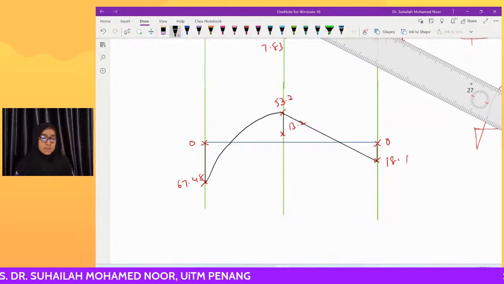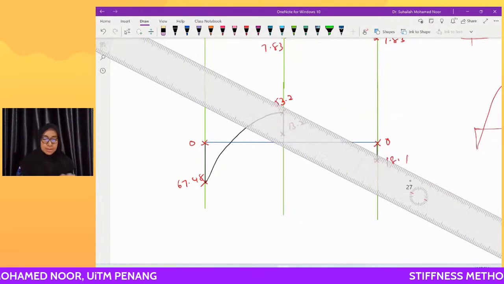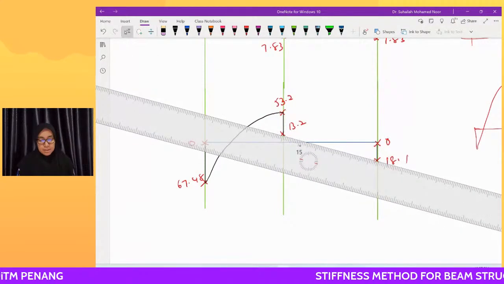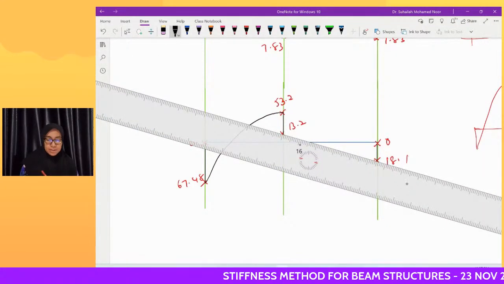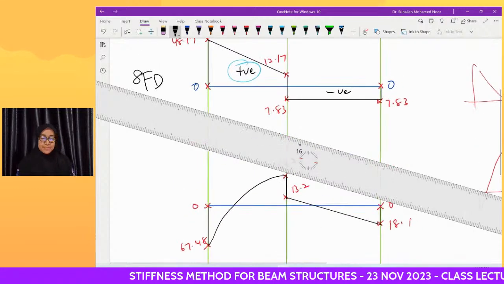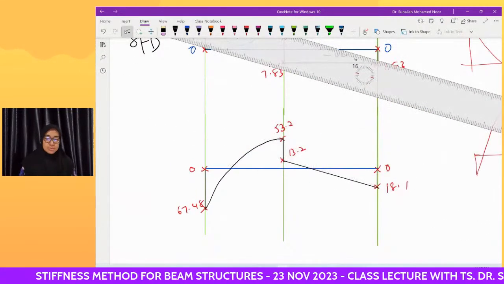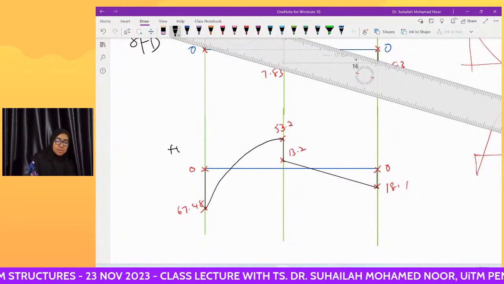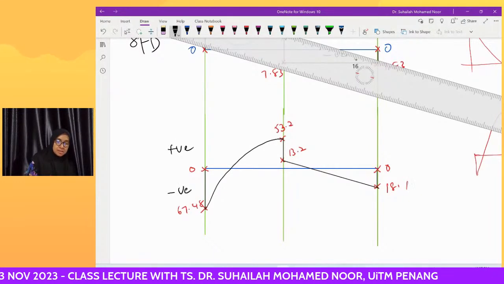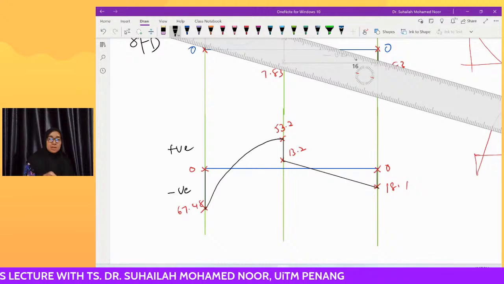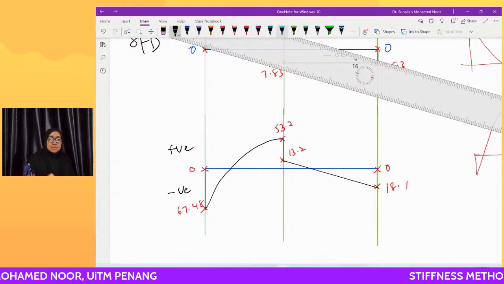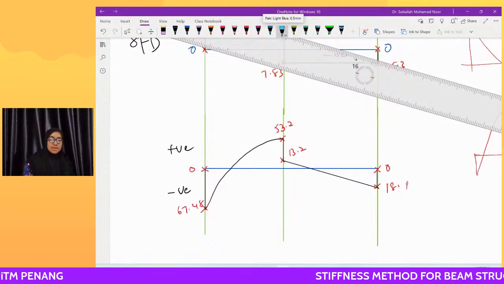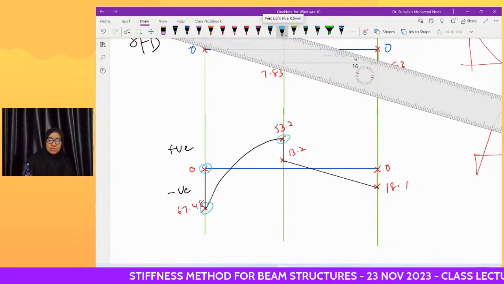Okay, this is positive, this is negative. The first value, the second value, this is the third value.